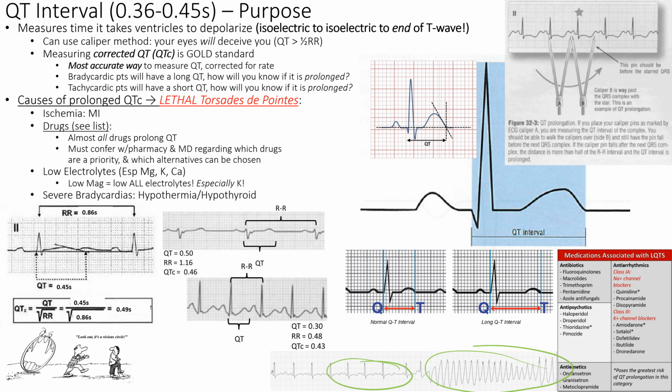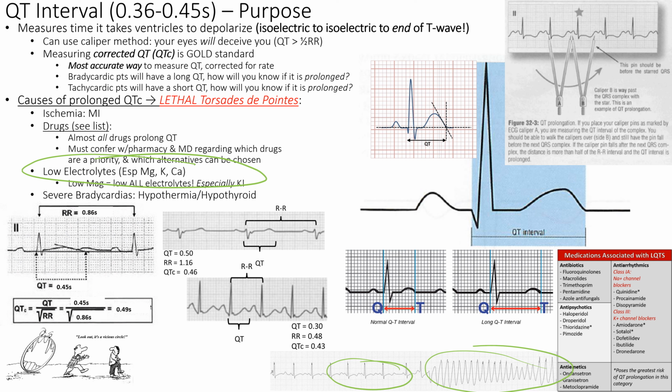So it's our responsibility to know what the QT interval is before we give medication, for instance, that might prolong it. Or if I notice the QT interval is prolonged, I say, hey, what's the potassium or what's the magnesium? Because that could be prolonging my QT interval, right? So electrolytes are an important thing that prolong the QT. Just being bradycardic itself can prolong the QT, but drugs are things that will prolong the QT.